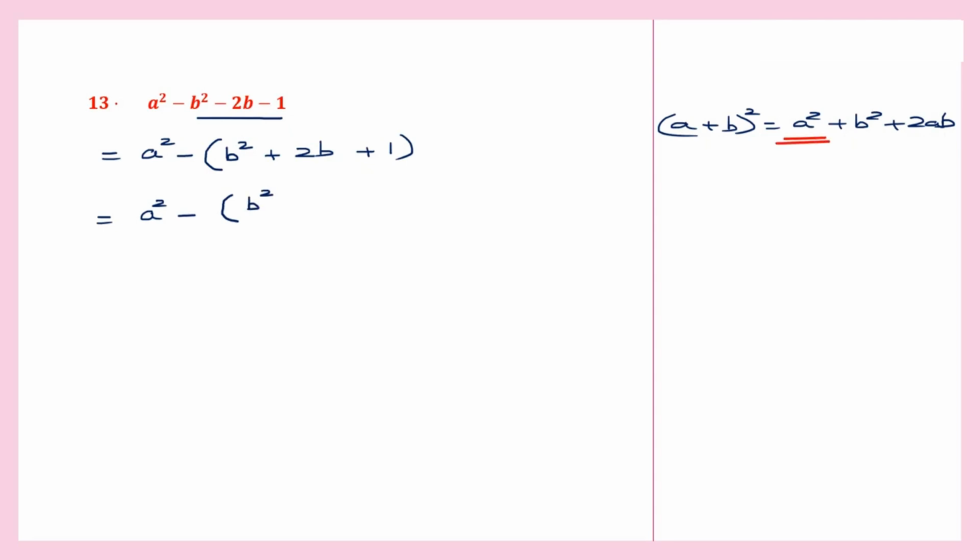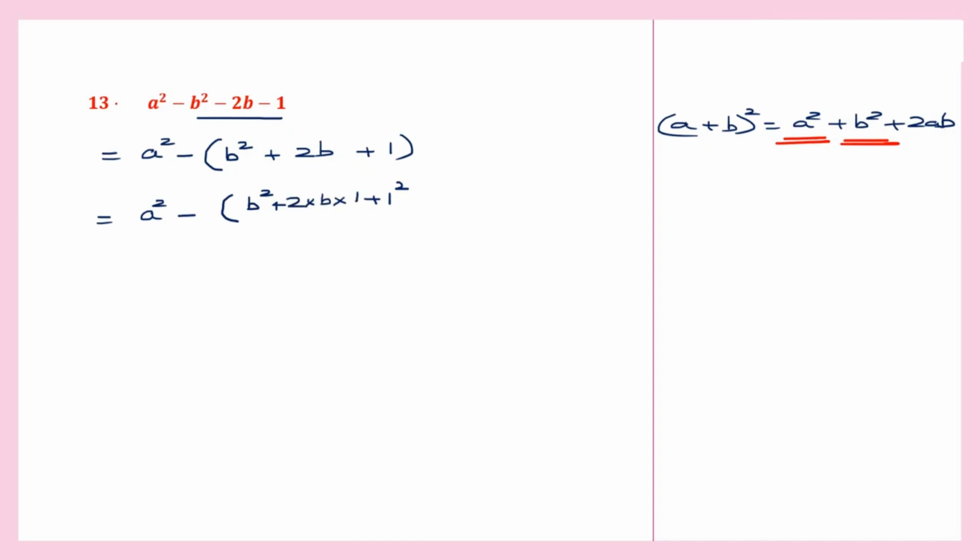That is, we finish writing a square. Now b square. Which is b square here? I can write 1 as b square. So I can write it here plus 1 square. And this here will be 2ab. So that means a is b and b is 1. So that is plus 2 into a, a is b, into b is 1.